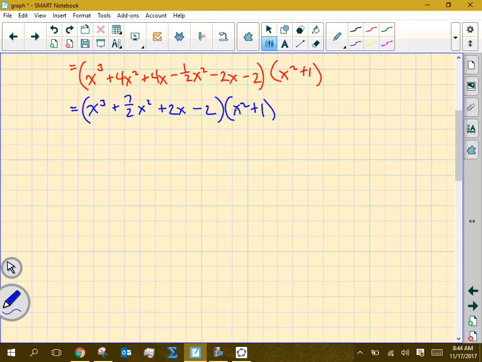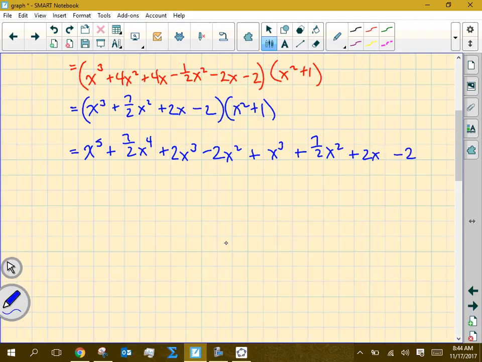So now I'll distribute the x squared plus 1 over this stuff. x squared times x cubed is x to the fifth. x squared times 7/2 x squared is 7/2 x to the fourth. And then 2x cubed, then 2x squared. And then plus x cubed plus 7/2 x squared plus 2x minus 2.